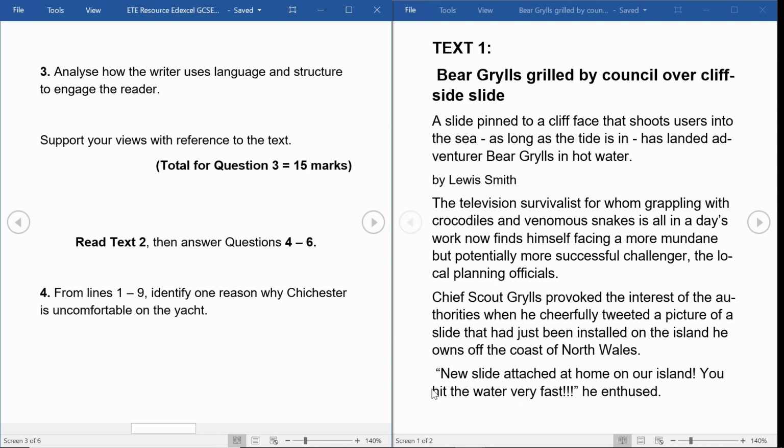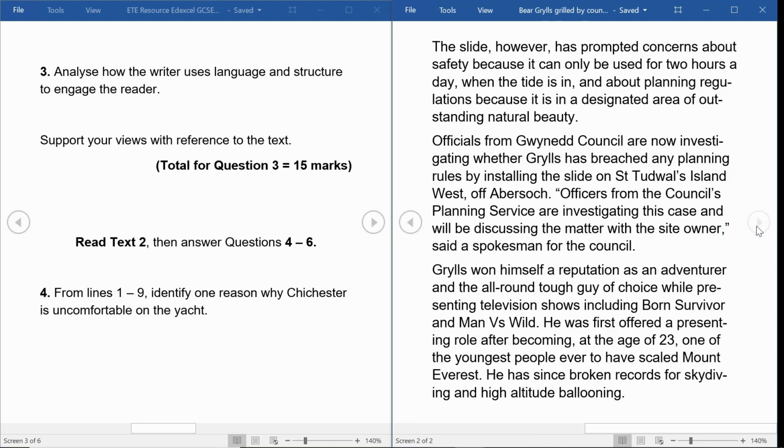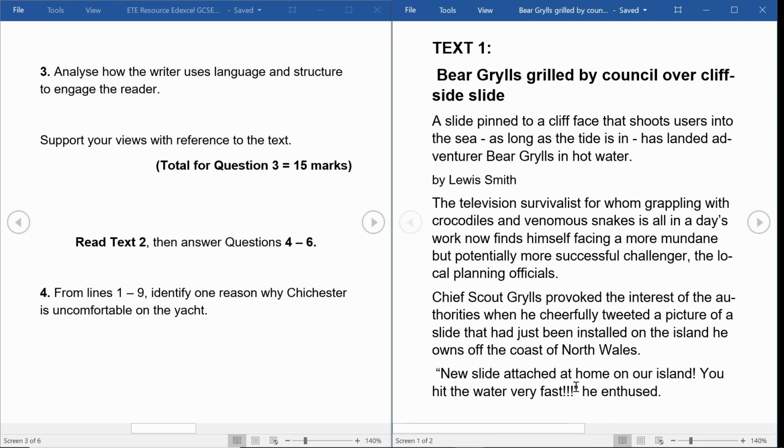And by having this offset, it's a little harder to see looking at it like this, but it's a paragraph there on its own. By doing that, by having this one very short paragraph that contains this direct speech, it really is a structural device to keep the reader intrigued, but also to really emphasise how the writer wants the reader to understand Bear Grylls' excitement.